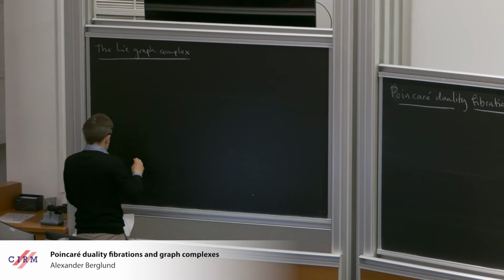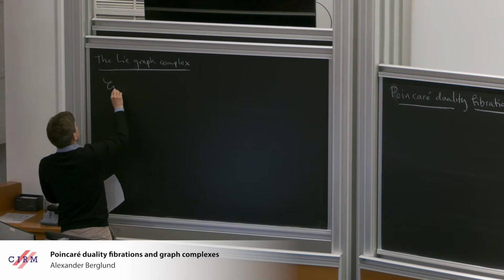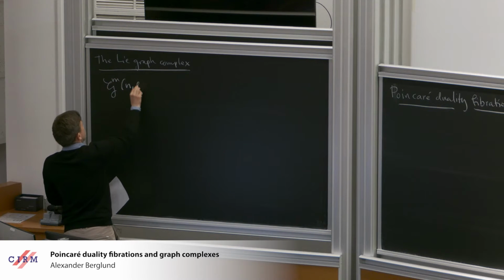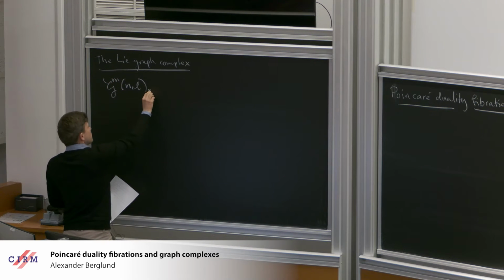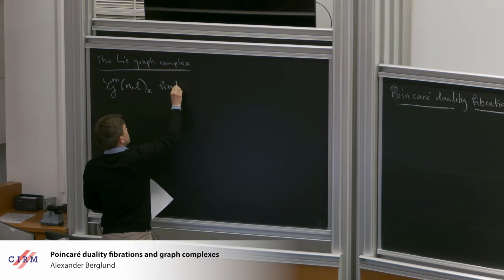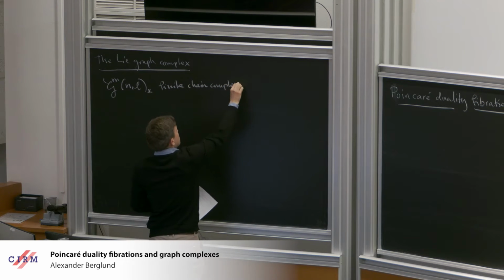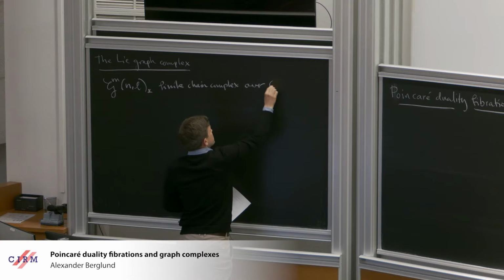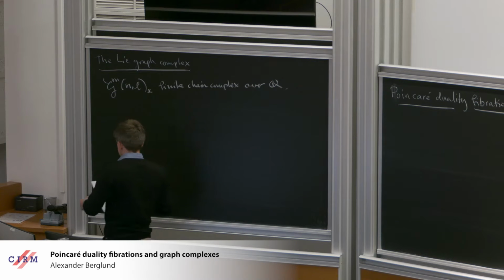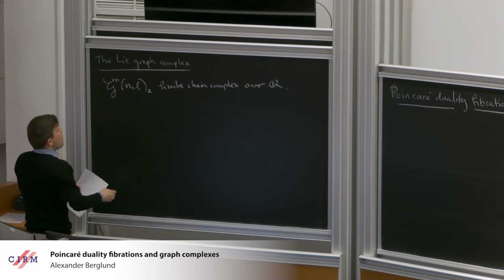And so what is this thing? It's a certain finite chain complex, and I will be working today over the rational numbers exclusively. So all cohomology, etc., will be with rational coefficients.